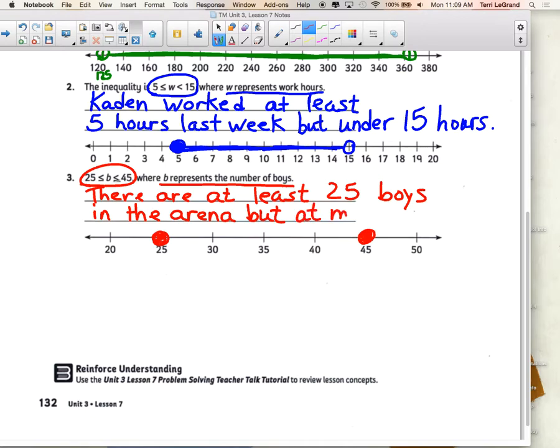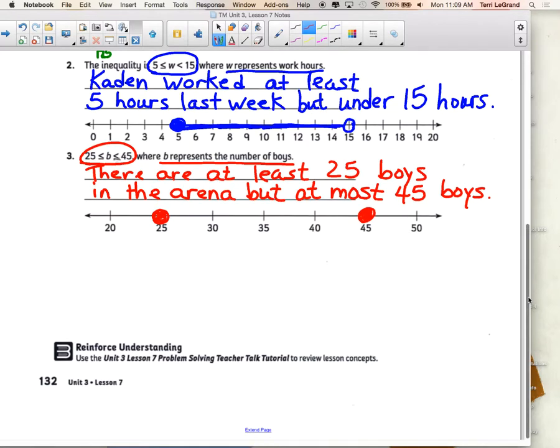But at most 45 boys. So at most includes the 45. So 45, but no higher than that. At most 45. And so the number of boys in the arena could be 25 or 45 or any number in between, right?